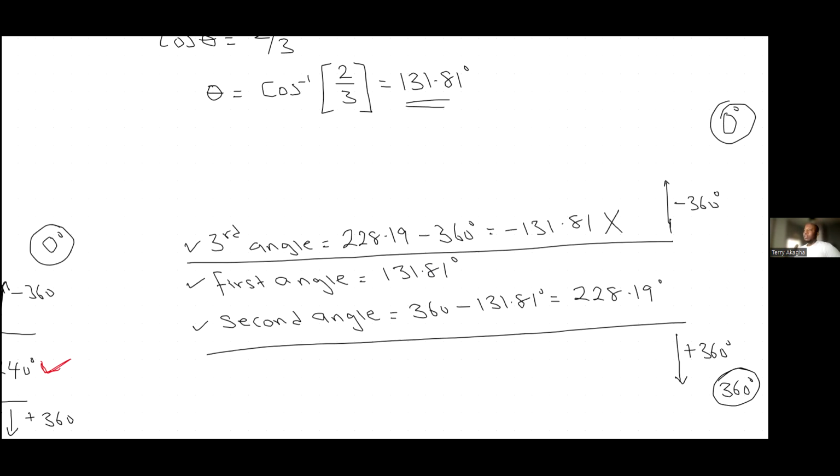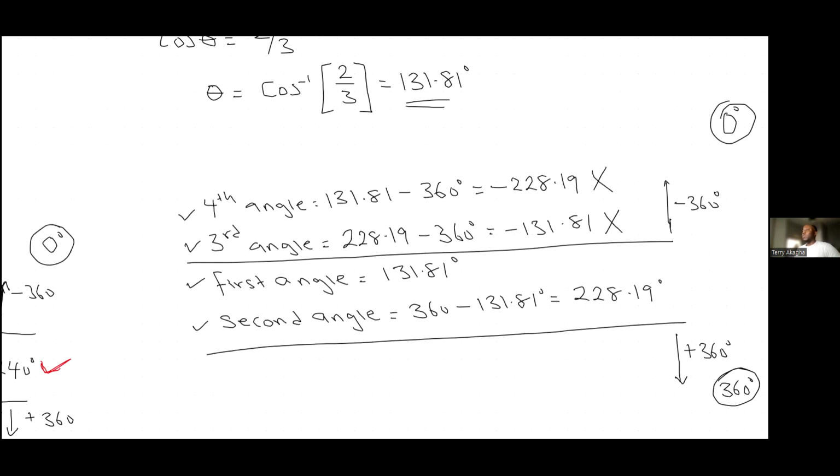Now, if you want to get the fourth angle as well, it's going to give us 131.81 minus 360 degrees. And that'll give us minus 228.19, which is also less than 0, and that is not going to be a solution.